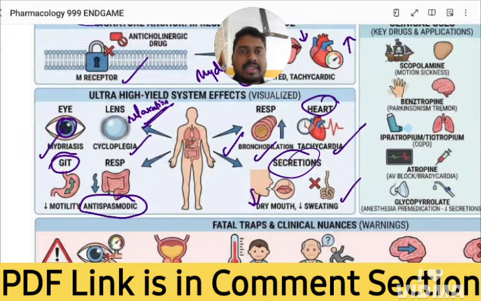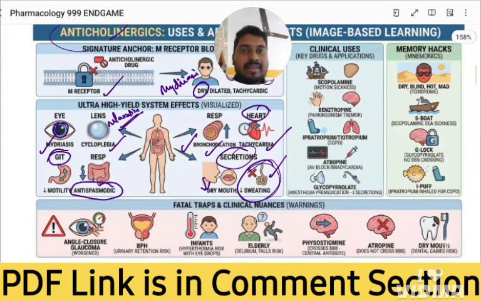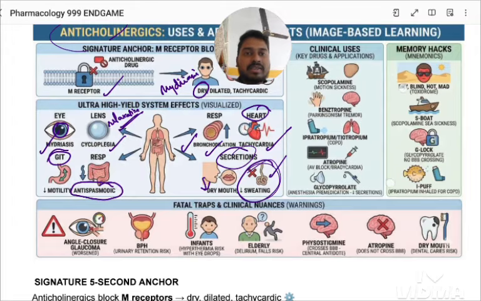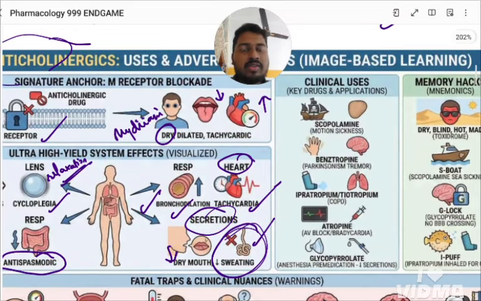So all the features are almost similar to those of sympathetic, except one thing, that is sweating. Sweating is decreased in parasympathetic inhibition, that is in anticholinergic. That is the reason for the saying red as a beet, hot as a hare. Why that happens is because there is no sweating, there is no expulsion of heat.